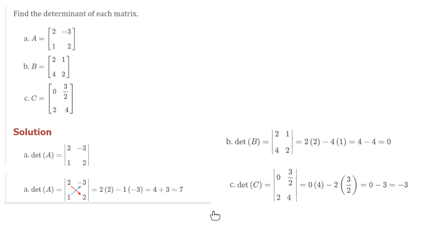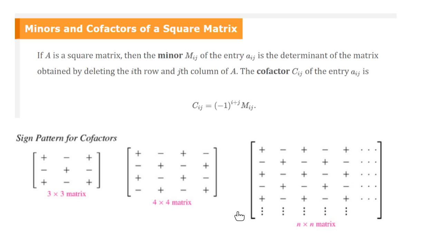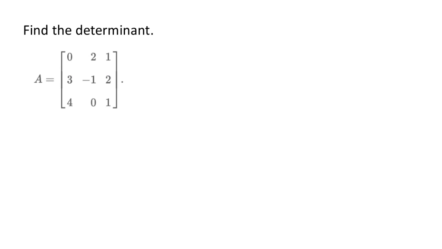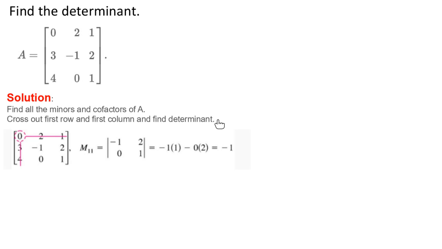So for 2 by 2, it doesn't seem too bad, and then we get to 3 by 3, right? So I'm going to explain this definition with the example, and then I'll use these cofactors with the example. That way it's a little bit more clear. So if you want to find the determinant here, then the first thing we need to do is find all the minors.